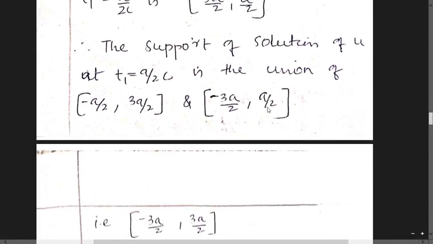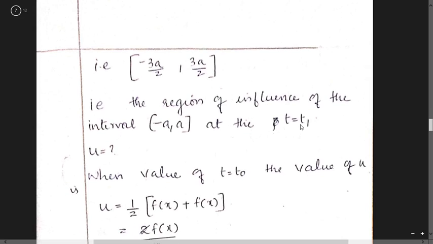So the region of influence of the closed interval minus a to a at the point t equal to t1 will be the closed interval minus 3a by 2 to 3a by 2.